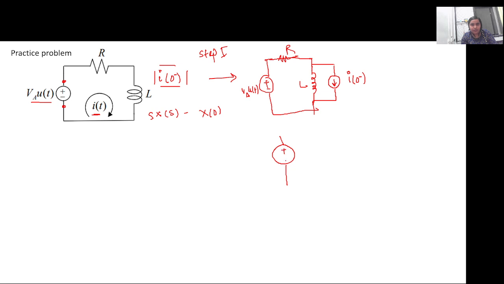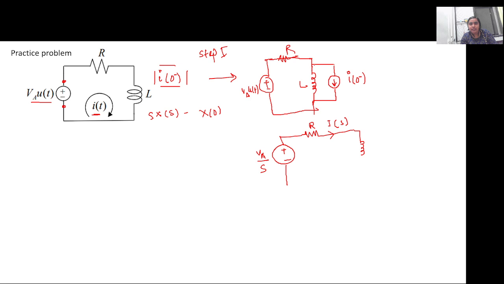So what will be the Laplace transform of that? It will be V_A by s. In case of R, it will remain as R. The current I(s) will be flowing through it.